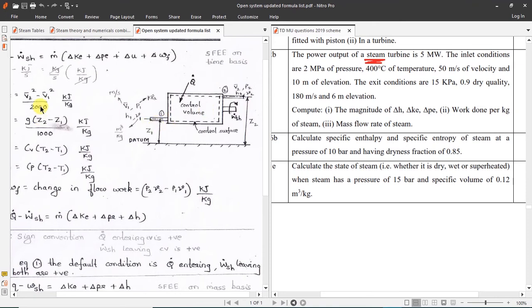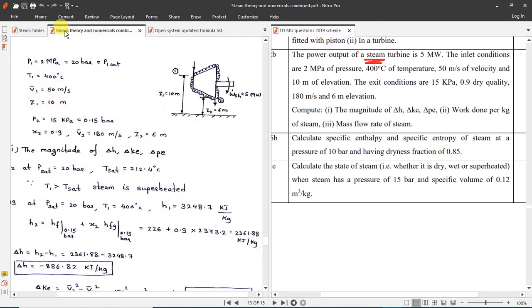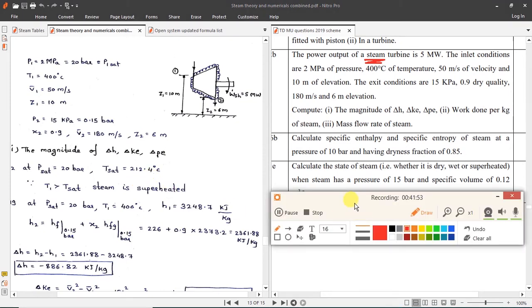Now in this case, a very important note: in the question it is given that Z1 is this one and Z2 is this one. So when you do Z2 minus Z1, you will get the correct answer. But many times the data will be given in a confusing manner.